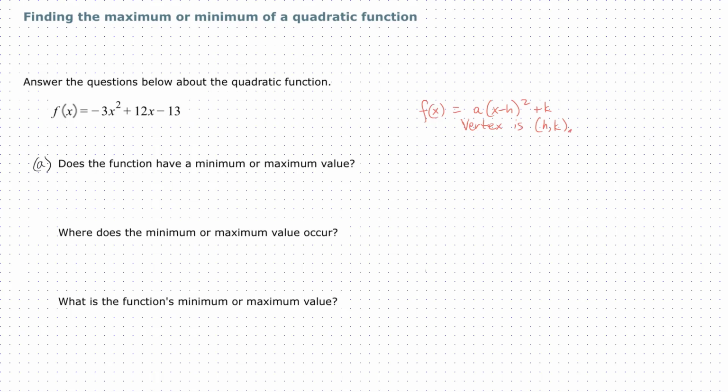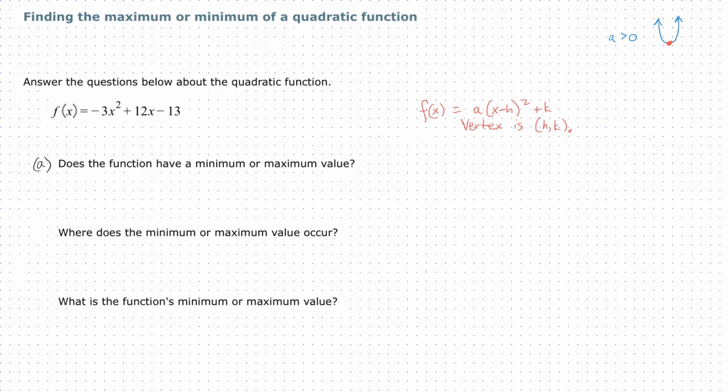The coefficient a, or the coefficient of x squared, tells you whether this parabola has a maximum or minimum. So if a is greater than 0, then the parabola opens up, which emphasizes a minimum.